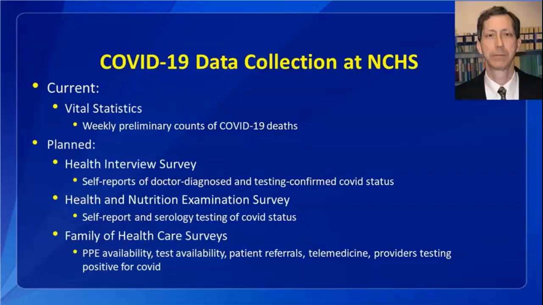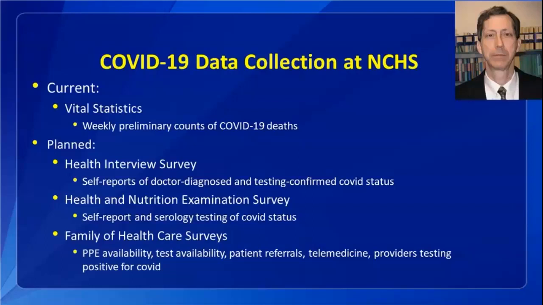What this has meant is that on our website, we are able to post weekly preliminary counts of COVID-19 deaths, which are updated regularly. There are inevitable delays in the receipt of death certificates just because of the process, but nonetheless, this procedure now is much faster than in the past.